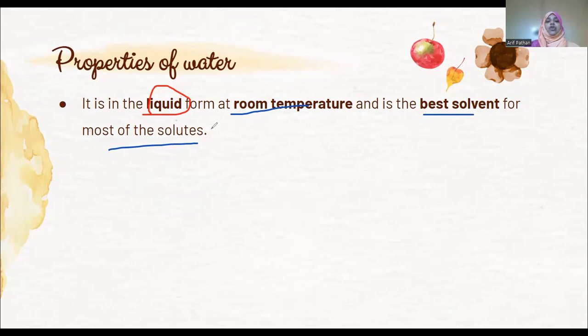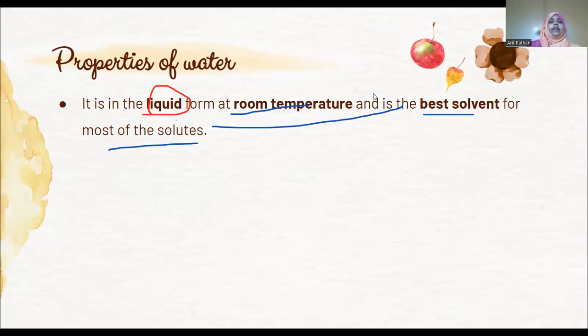You should be knowing at this level what is solvent and solute. Let's say you have a sugar solution: sugar will be the solute, water will be the solvent, and sugar plus water will give you a sugar aqueous solution.